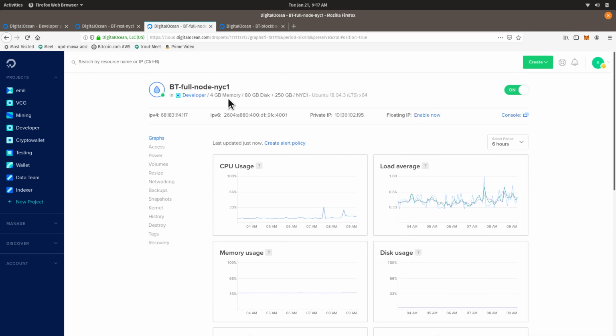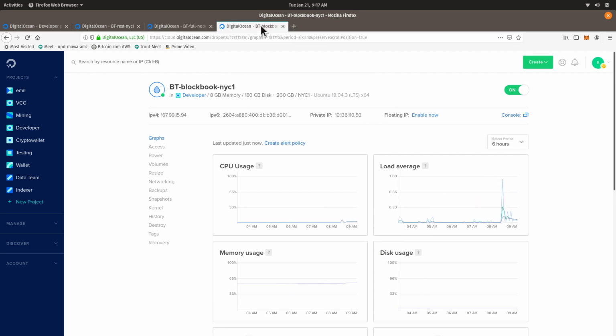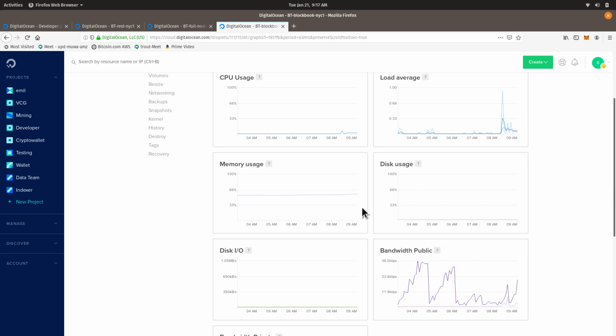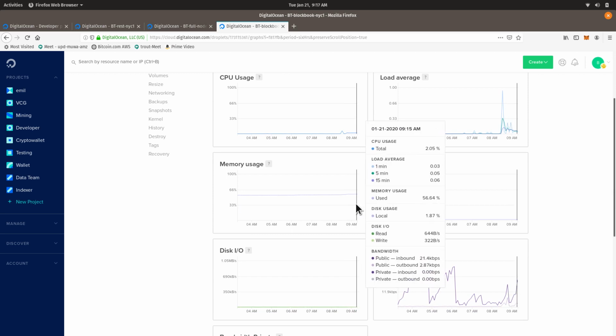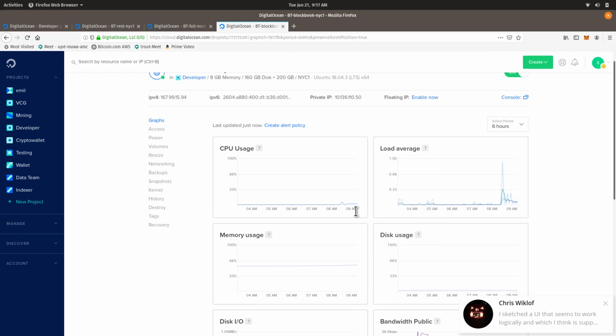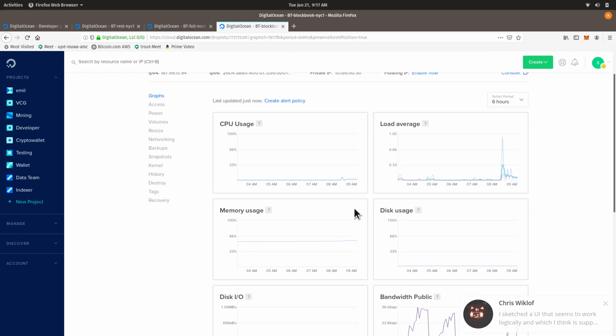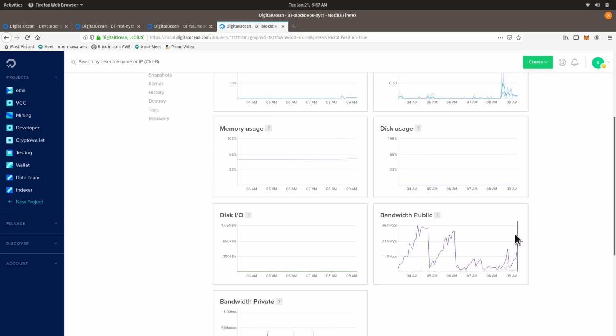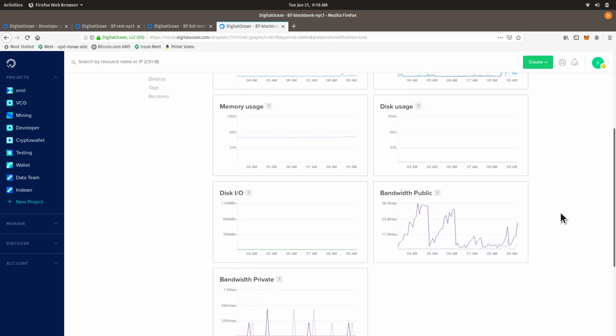And again, this is a 4 gigabyte droplet with 2 CPUs. And then looking at Blockbook, we're also not seeing just a tiny rise in memory usage and no significant rise in CPU usage. There is a spike in bandwidth that tells us that the system's actually running and recording.